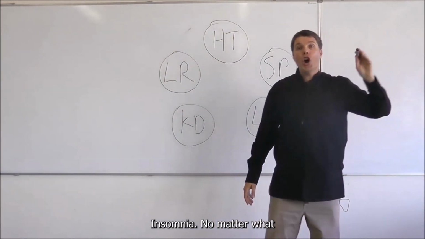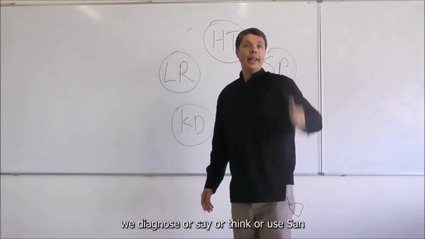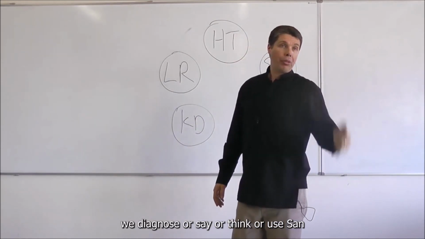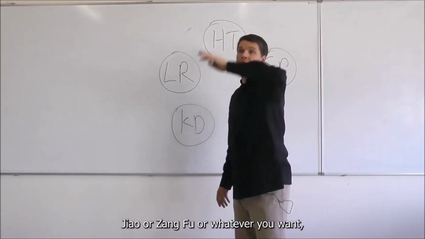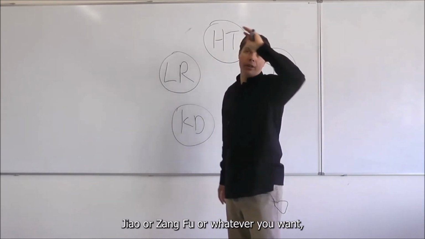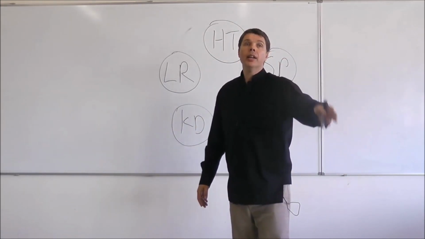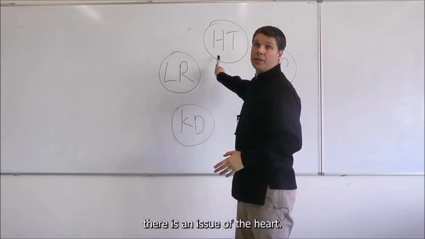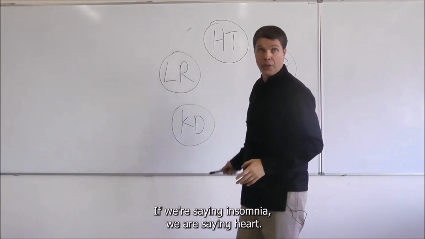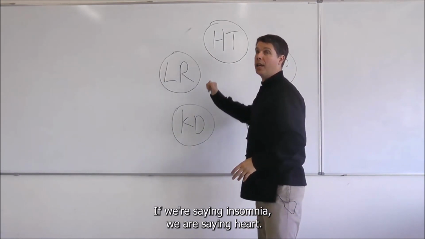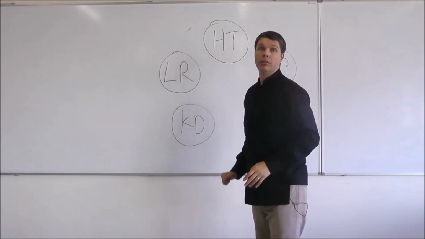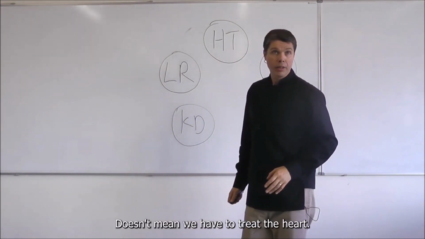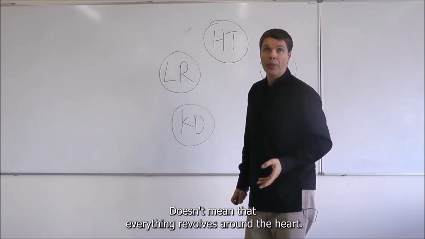Insomnia. No matter what we diagnose or say or think, or use Sanjiao or Zangfu or whatever you want, there is an issue of the heart. If we're saying insomnia, we are saying heart. Doesn't mean we have to treat the heart. Doesn't mean that everything revolves around the heart.